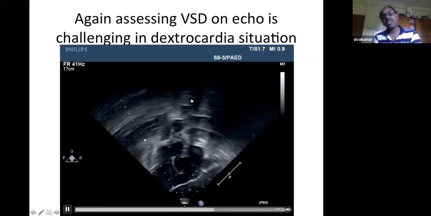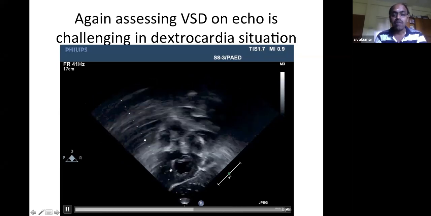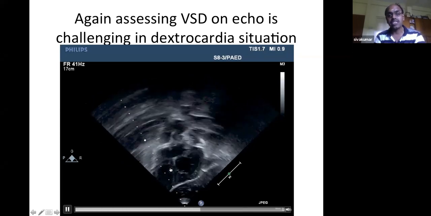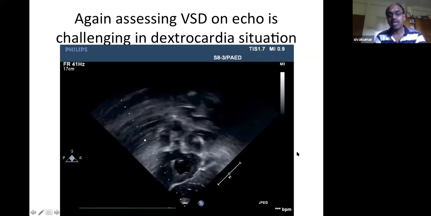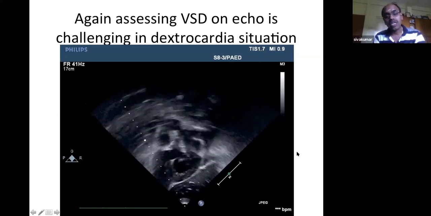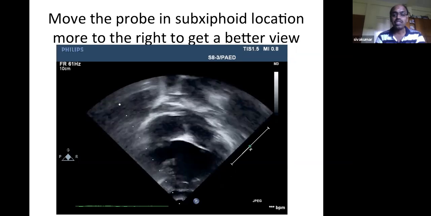Again, assessing additional ventricular septal defects in the setting of dextrocardia will be clinically extremely challenging. And so these are patients where we should remember that we cannot, with echocardiography, completely rule out an additional muscular VSD.